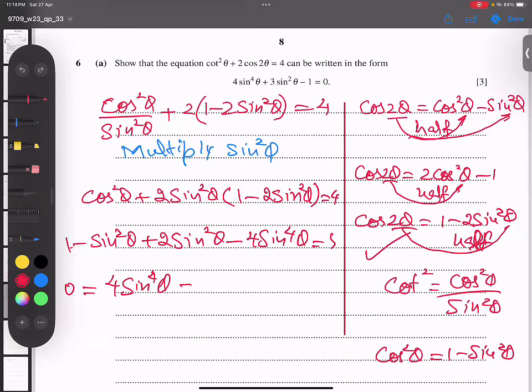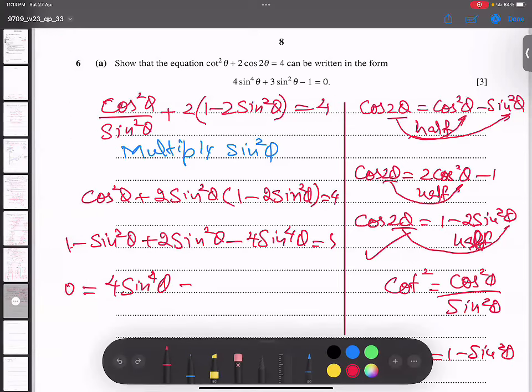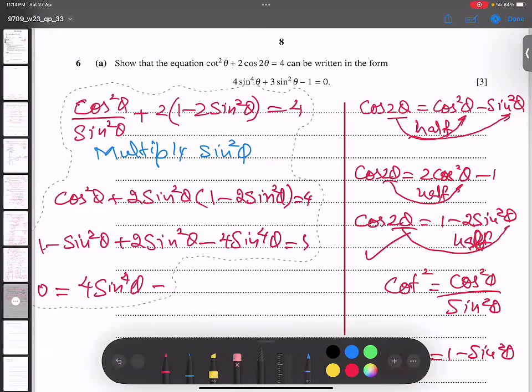Cos over sine, no mistake. 1 minus 2 sine squared theta equals to 4. Oh, sorry, this sine squared will multiply 4 also. So this whole thing I would drag slightly to the left side.